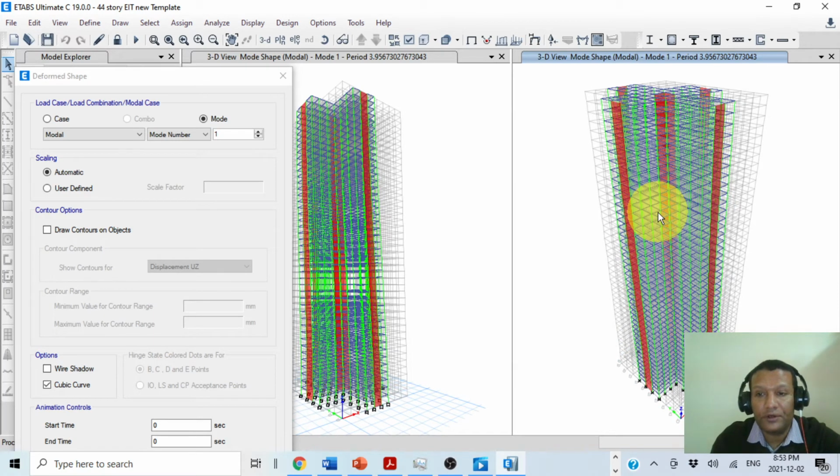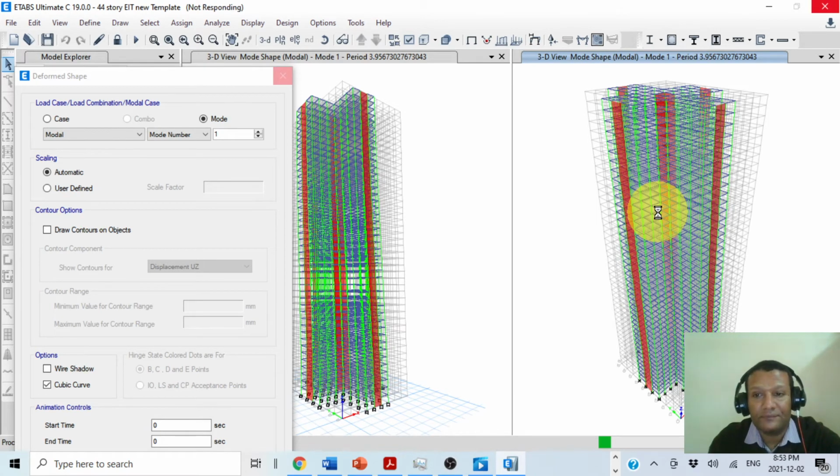I have a video I will show you. This is for the first one. Then I have 20 modes, and for the 20 modes I have a video while it opens.